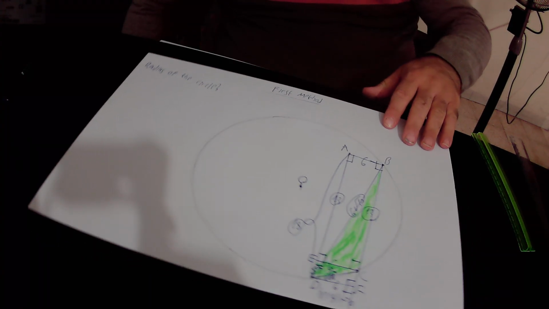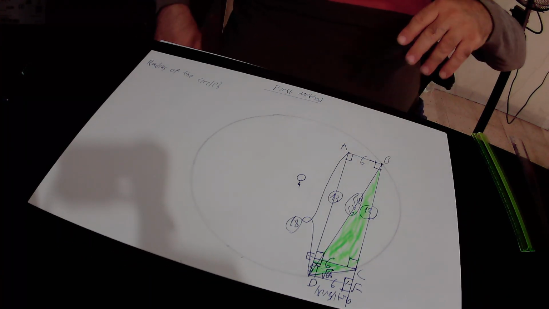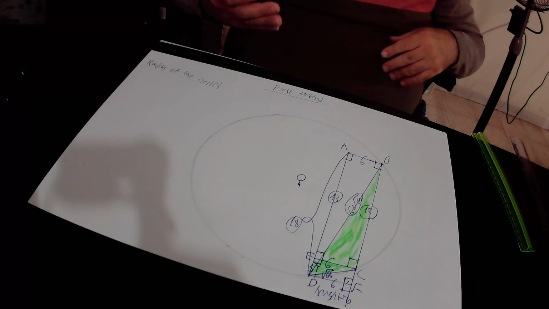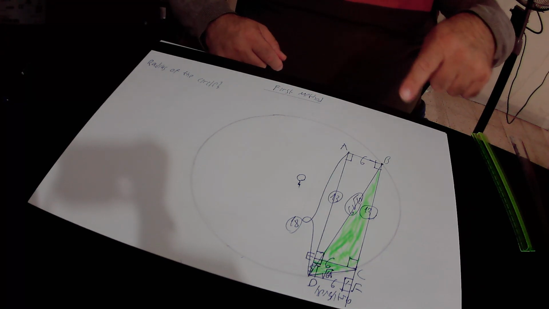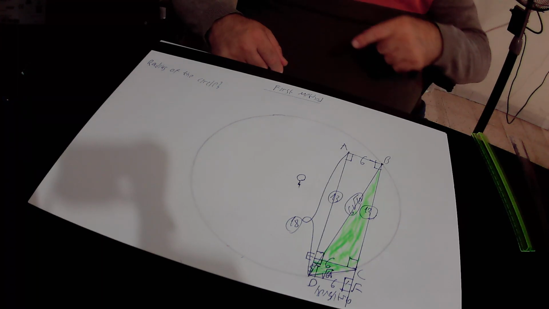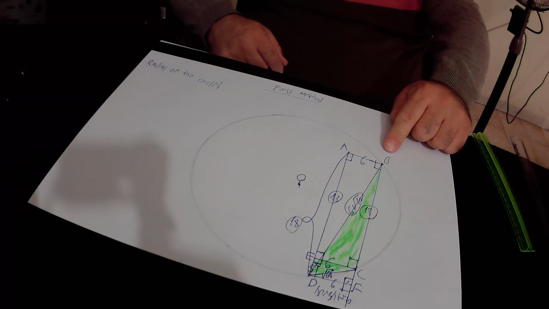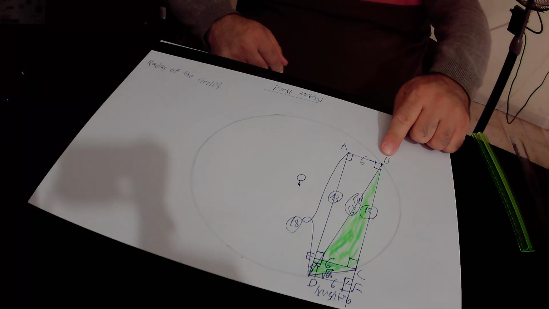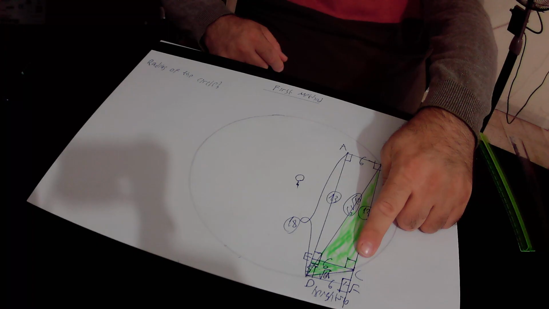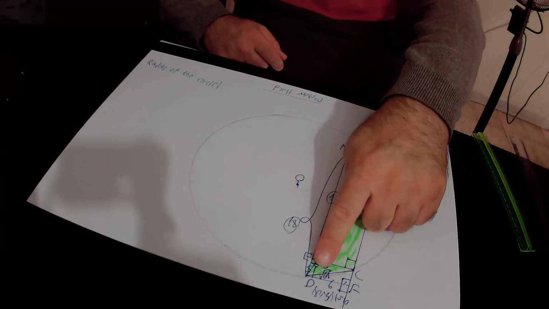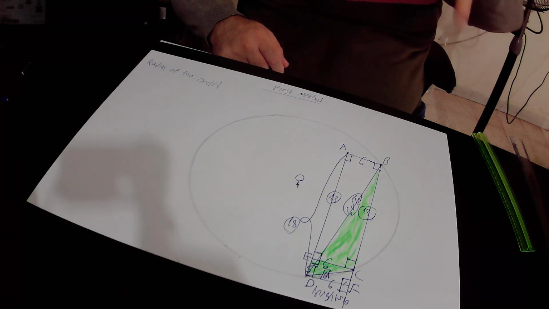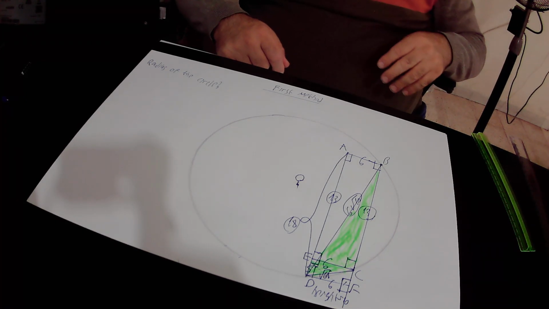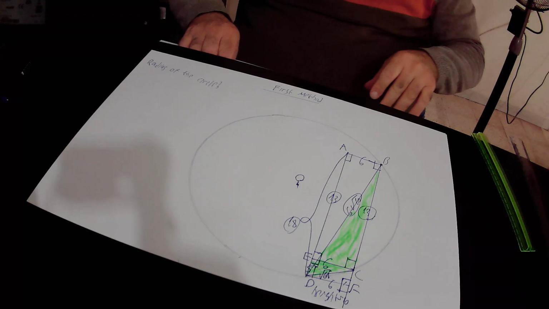Why? Because in our drawing we have the green triangle BDC that is blocked by this circle. Why is the green triangle blocked by this circle? Because this vertex of triangle BDC touches the circle at point B, this vertex touches the circle at point C, and this vertex touches the circle at point D. Therefore, we can definitely say that the green triangle BDC is blocked by this circle.